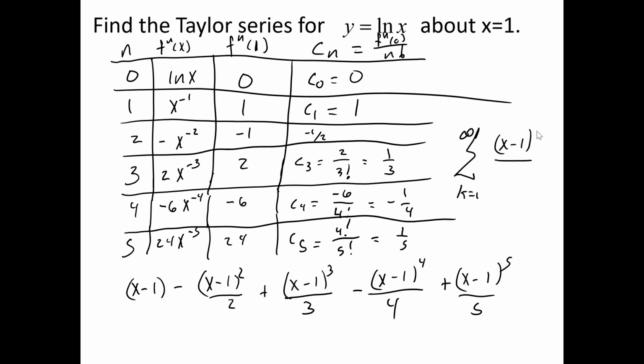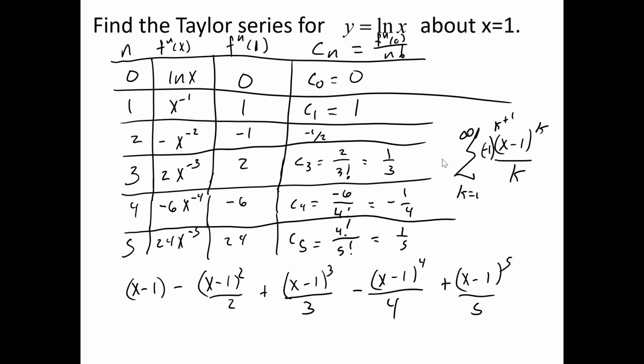Whatever the power is, that's what the denominator is, so that's just k. And it's alternating positive, negative, positive, negative. So then we have this factor of negative 1 to the k plus 1, or k minus 1, makes no difference. And there we go.